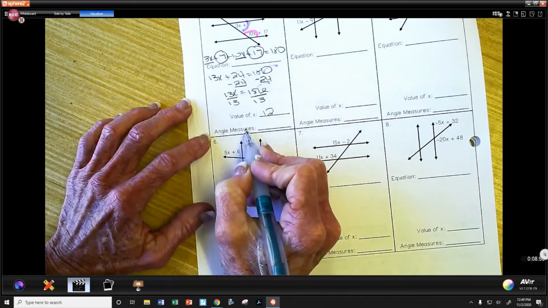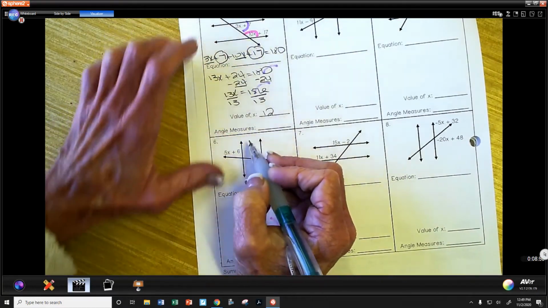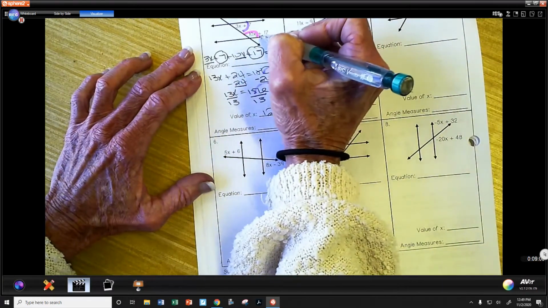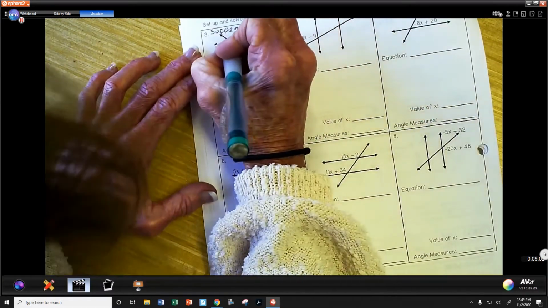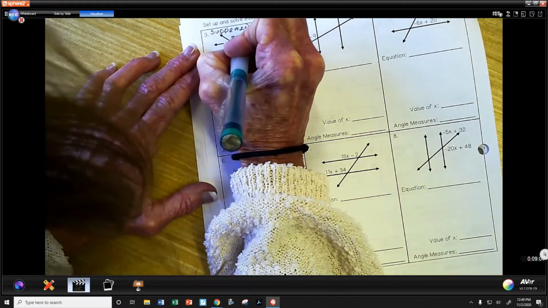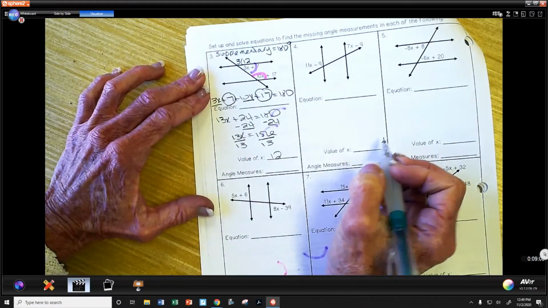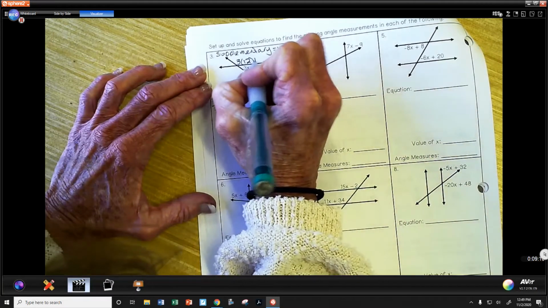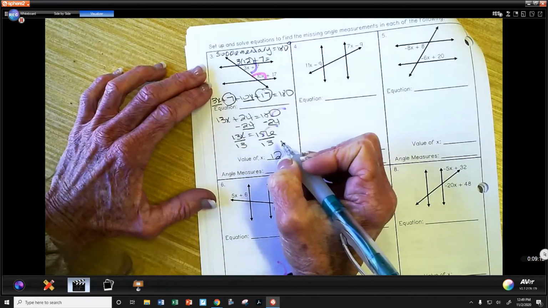So now we need to go figure out the measures. So we're going to take 12 and we're going to plug it in for x. I'm going to do it up here. So I have 3 times 12. Can you see it up there? 3 times 12 plus 7. Okay.